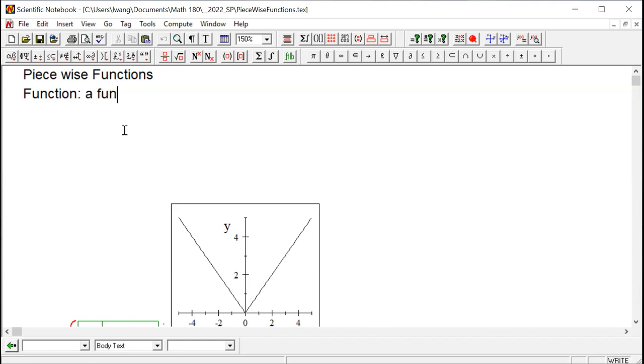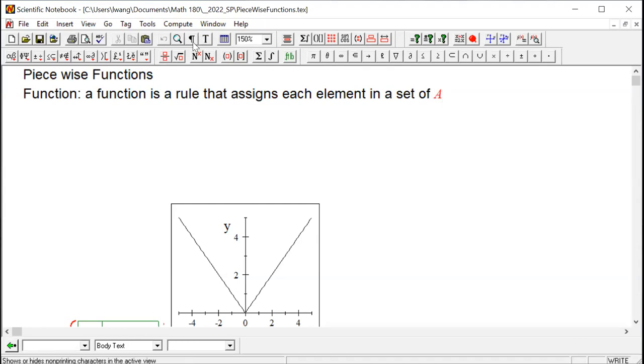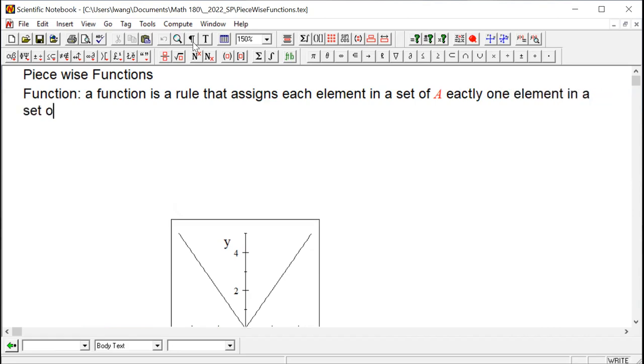A function is a rule that assigns each element in a set A exactly one element in a set B. In particular, for each element, we're going to give a name.